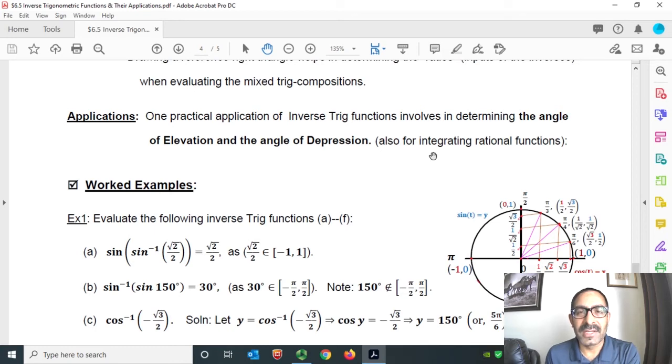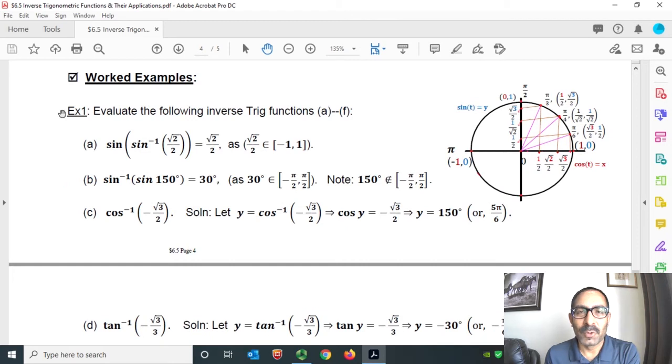Great. Now with those ideas, let's do some examples. Example 1. Evaluate the following inverse trig functions from part A through F. Part A, evaluate sine of sine inverse of radical 2 over 2.